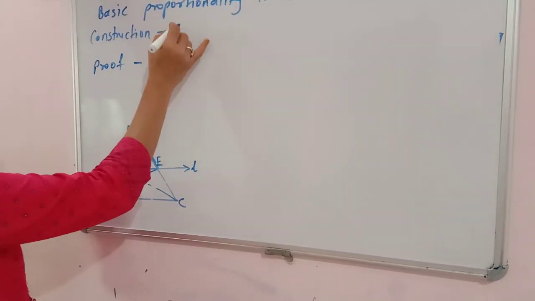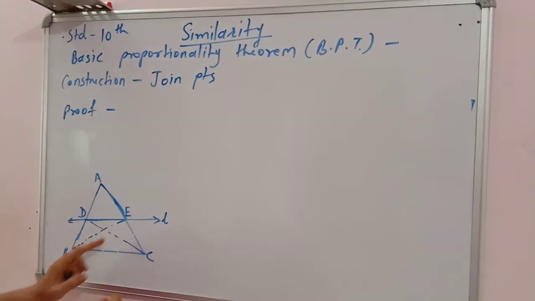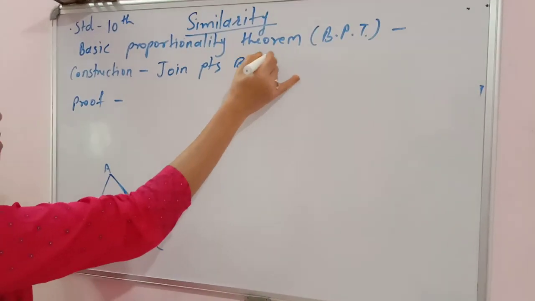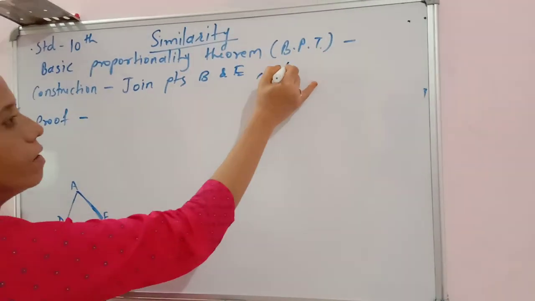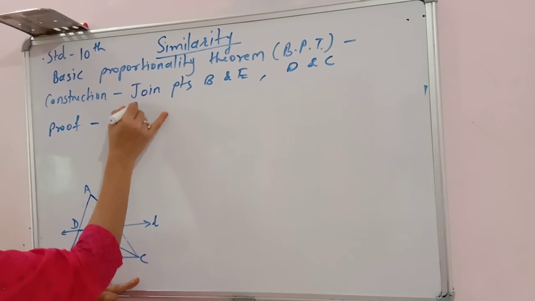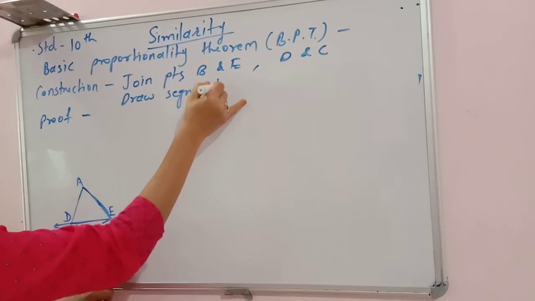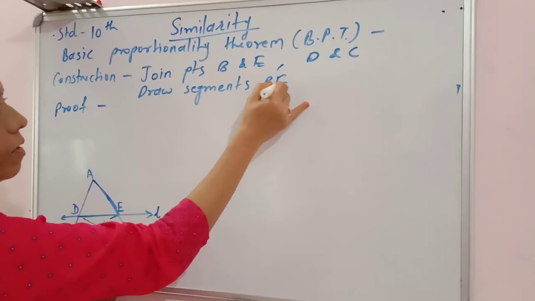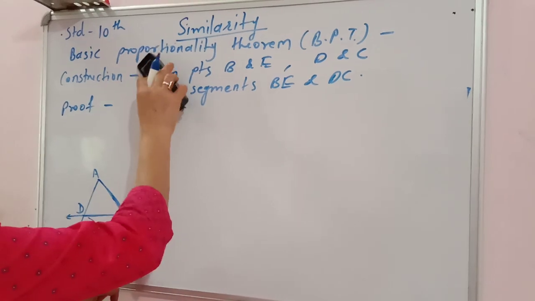Now consider these two triangles. What is the construction? Join points B and E and points D and C. You can write "draw segments BE and DC" instead of that.